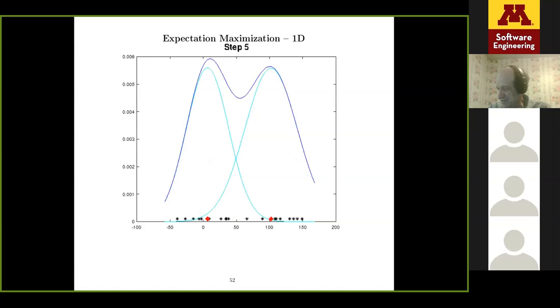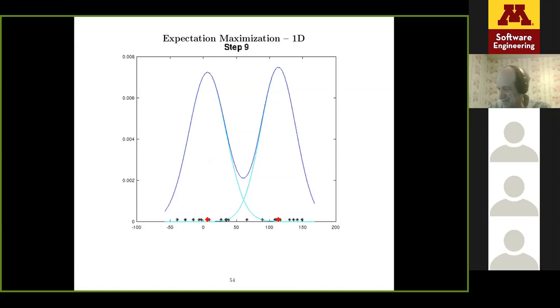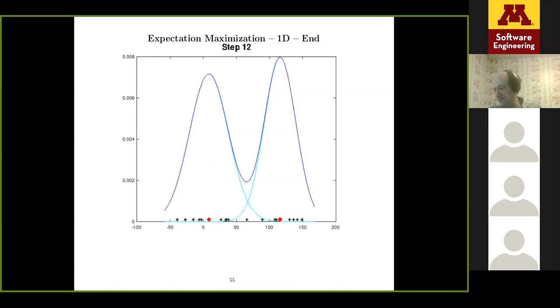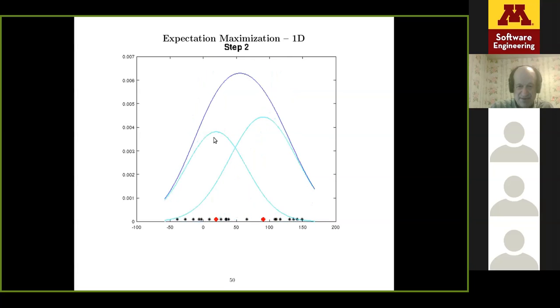If you follow the algorithm, after 12 steps, I've managed to separate them into two separate Gaussians with a center, one here and one here. And I have a standard deviation, which is the width of this curve up here.